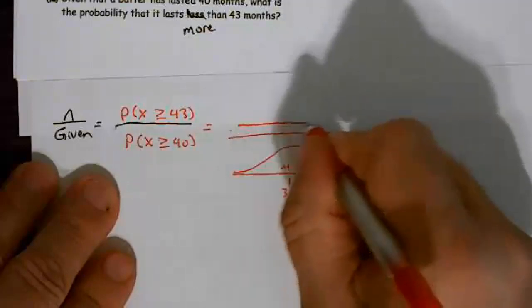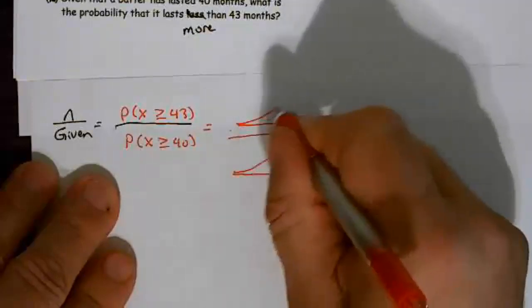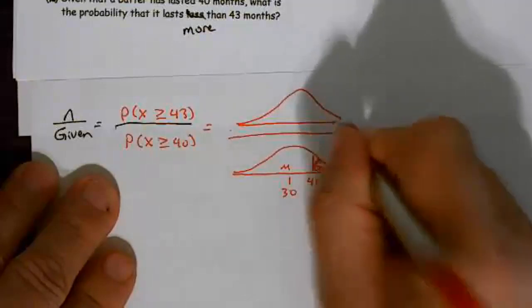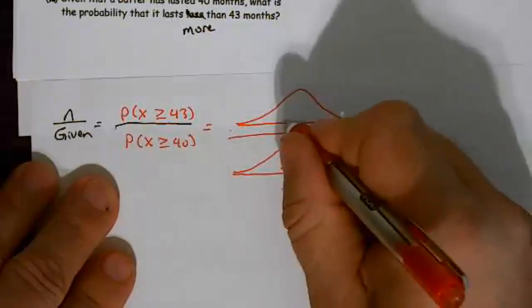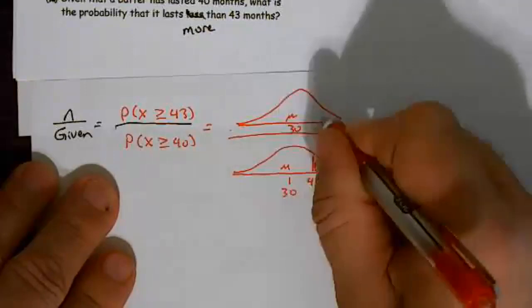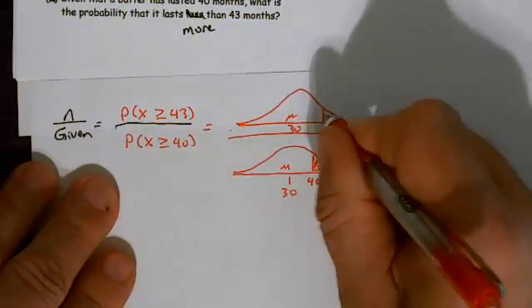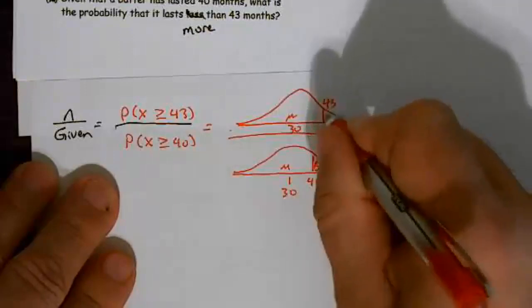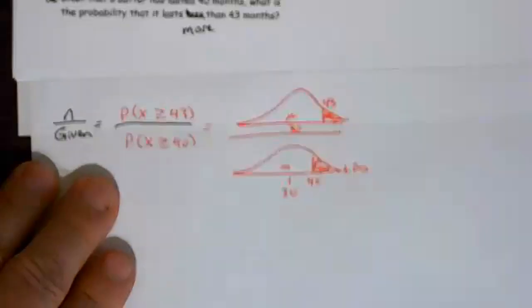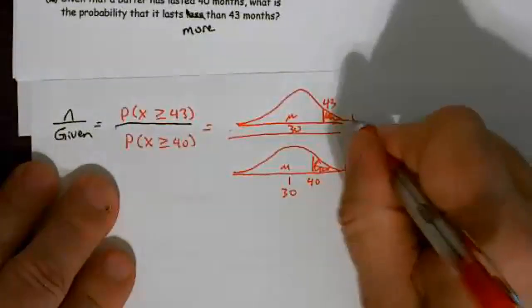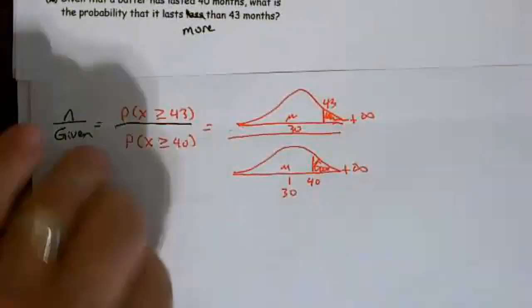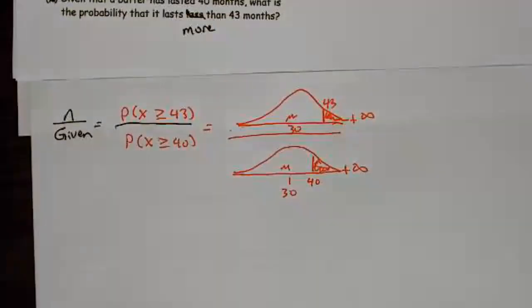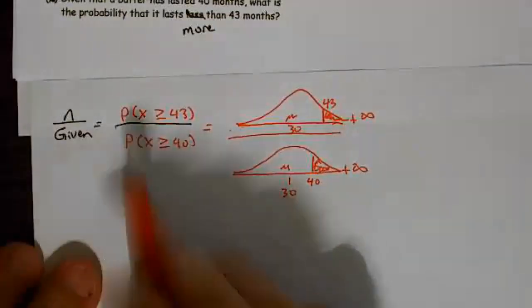For the numerator, mean 30. But now we're looking at 43 up to positive infinity. All right. So I'm going to need my z statements after that.